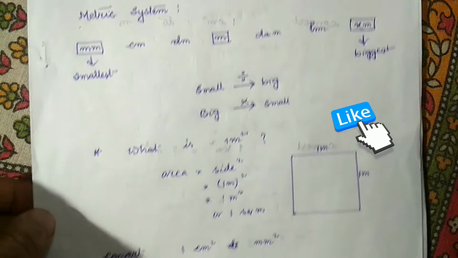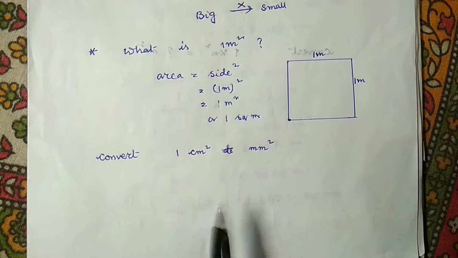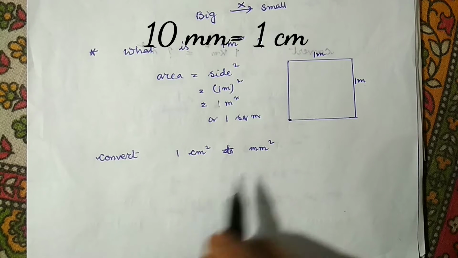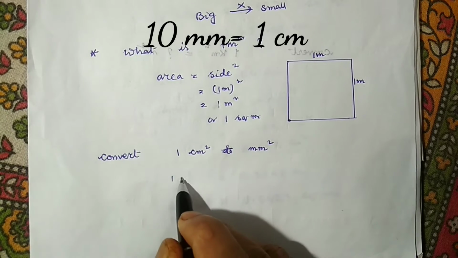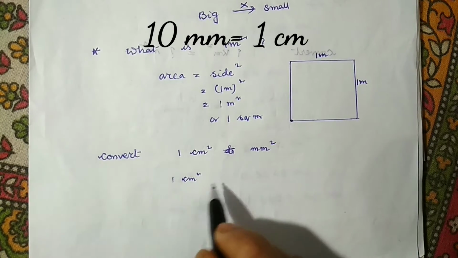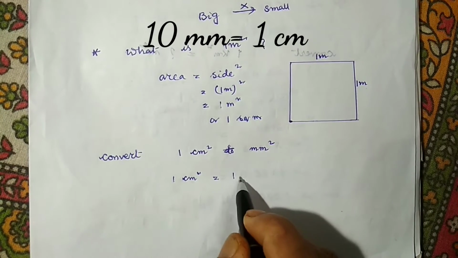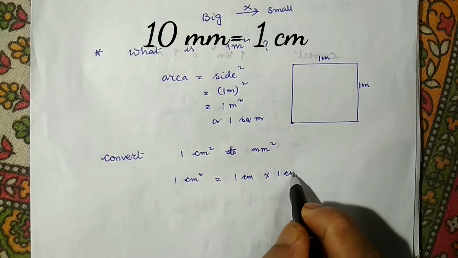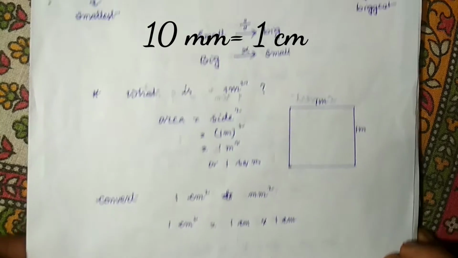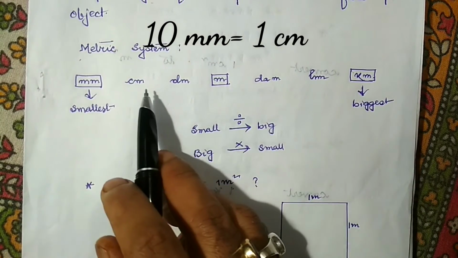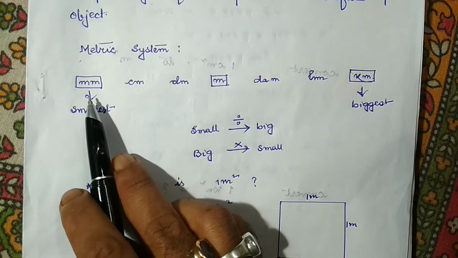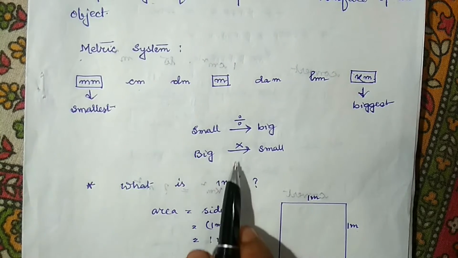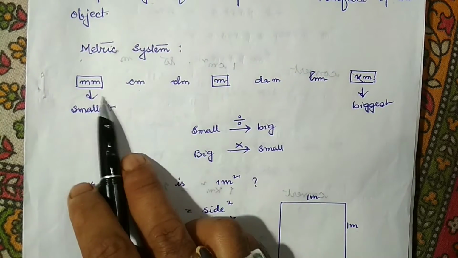Okay, now suppose you want to convert 1 centimeter square to millimeter square. How to convert? I can write 1 centimeter square is nothing but 1 cm into 1 cm. Cm means centimeter. Now you just see here, whenever we go from centimeter to millimeter, we are going from a bigger unit to a smaller unit, and whenever you go from bigger to smaller, we need to multiply.